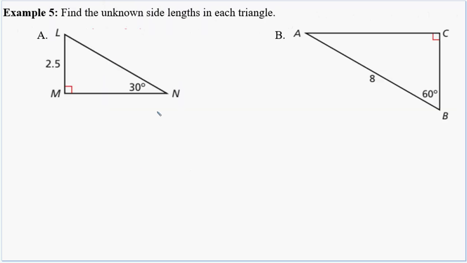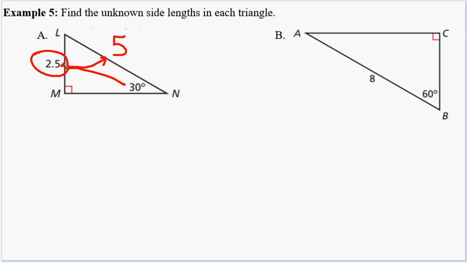All right, example 5, find the unknown side lengths. So here's our 30-degree angle. That means we are across from the short leg. So short leg is 2.5. Let's jump to the hypotenuse. That would be 5.